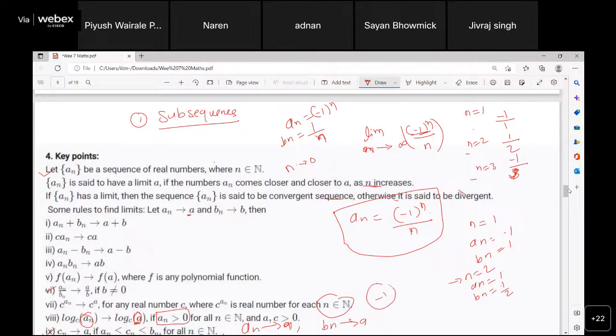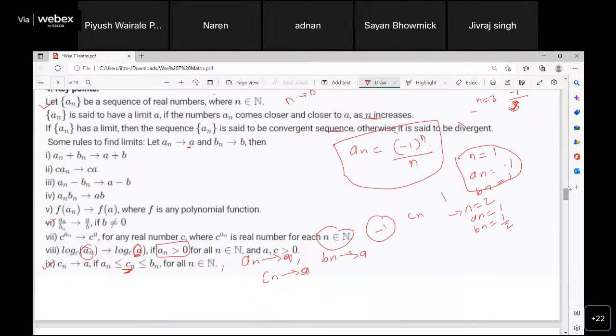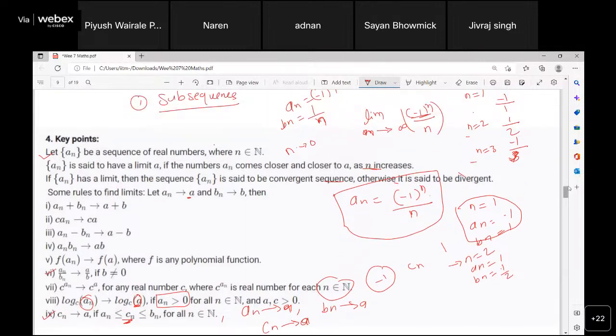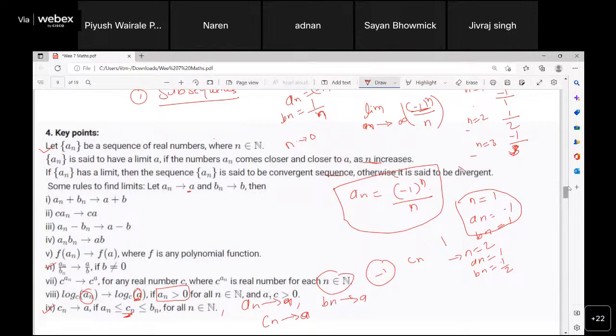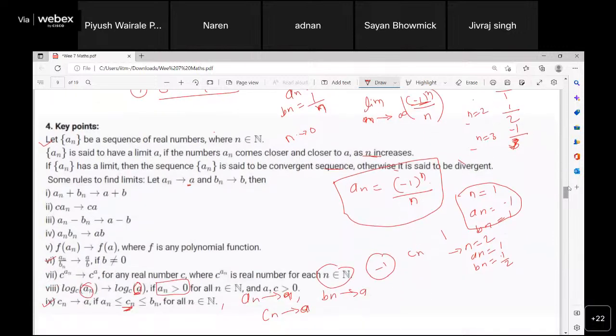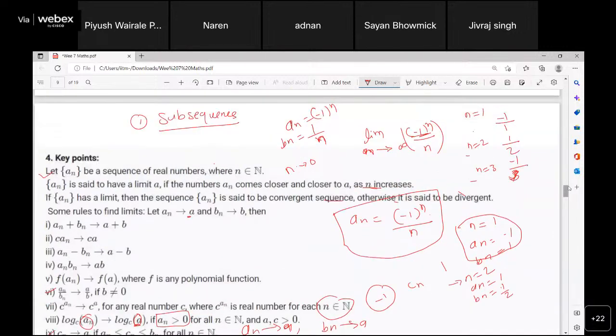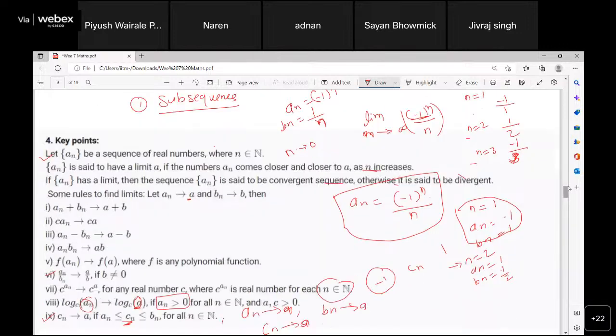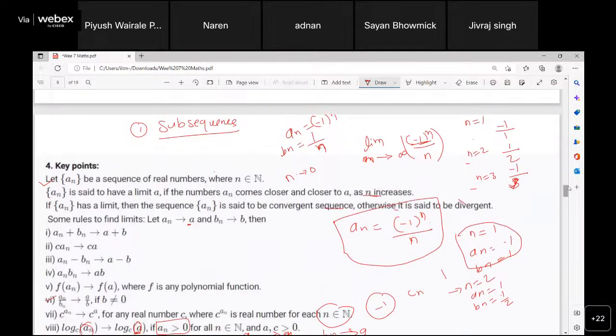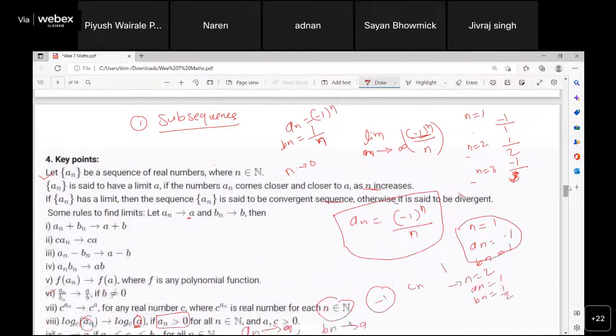So that is minus 1, and for bn it is tending to 1, right? So that is tending to 1 for when n equals 1, right? So if I go by the sandwich principle, what should be my an here?